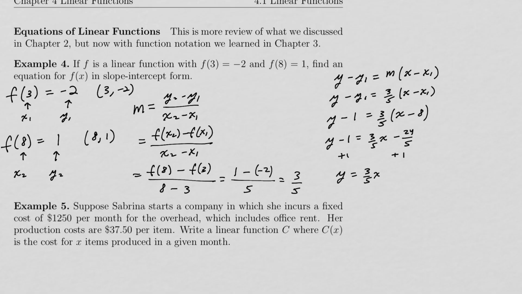Well, that's the same as negative 24/5 plus 5/5. I want the same denominator, so I can rewrite the 1 as 5/5, and that's going to be negative 19/5, right? So this is minus 19/5. So that's our answer, but we want it actually in function notation. So instead of y, I'm going to put f of x.